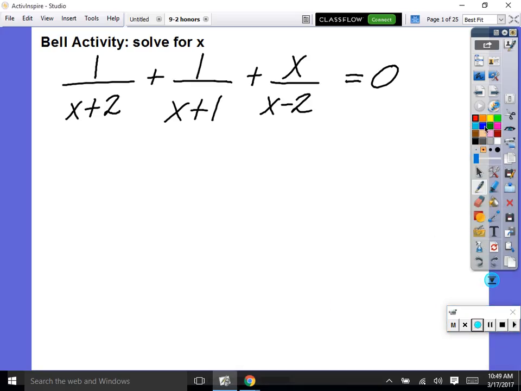I'm not going to go through it. I'm just going to start going through it up here. So you guys keep going. I'm in the bottom right now.